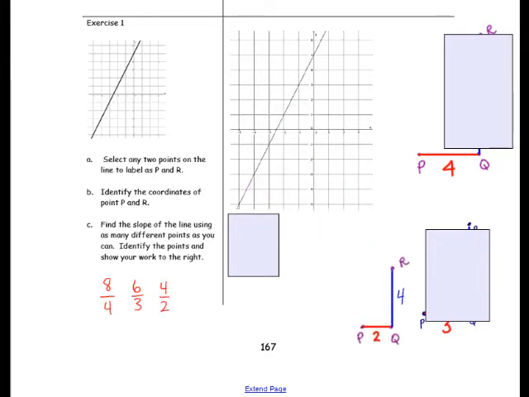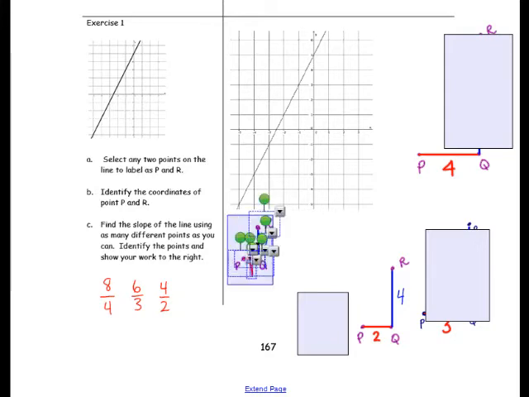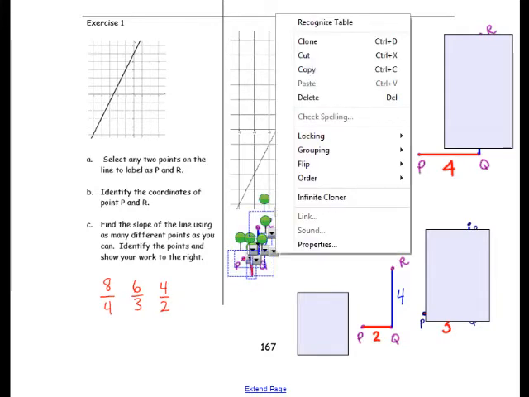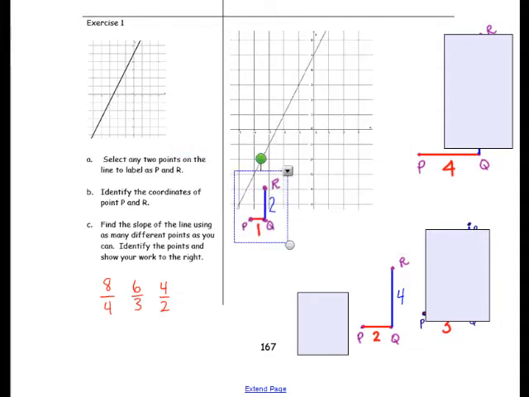Or perhaps you use this one. Let's group that all together, in which case your slope would be 2/1.